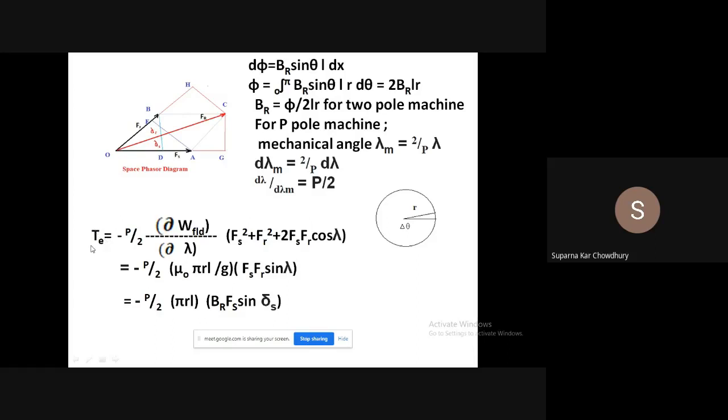Actually torque is del w field by del lambda m, so we changed that differentiation quantity to lambda. So p by 2 times del w field by del lambda of this expression. So our torque will be this one, this p by 2 will appear: p by 2 pi RL BR Fs sin delta S.